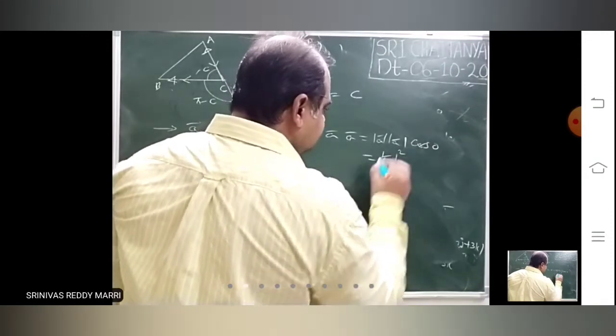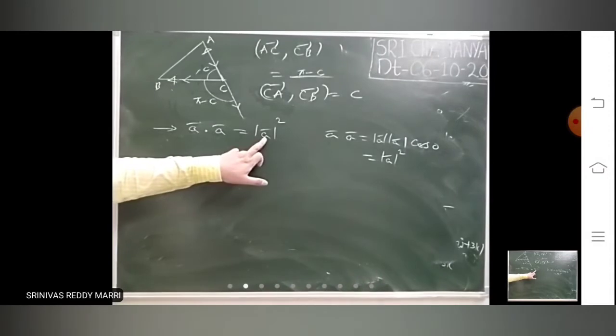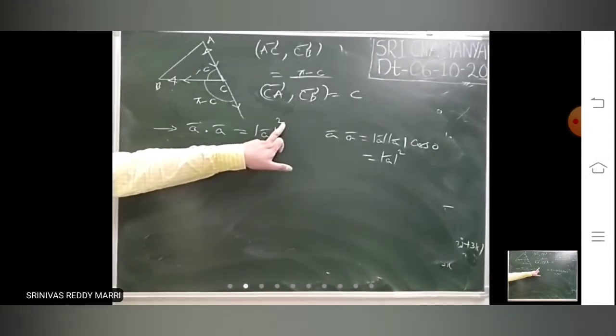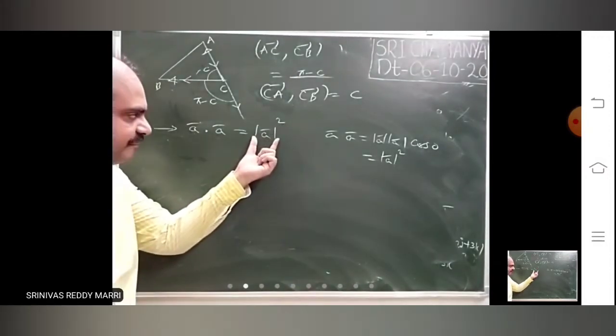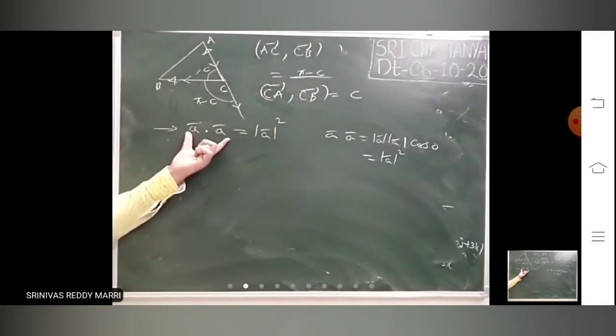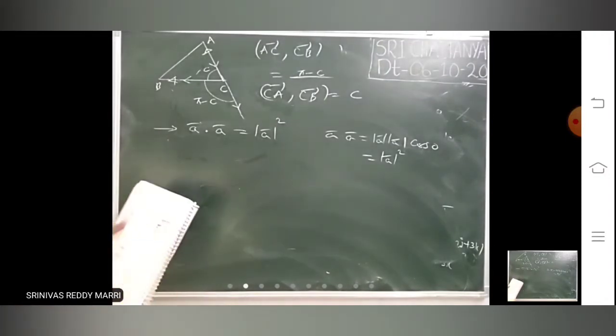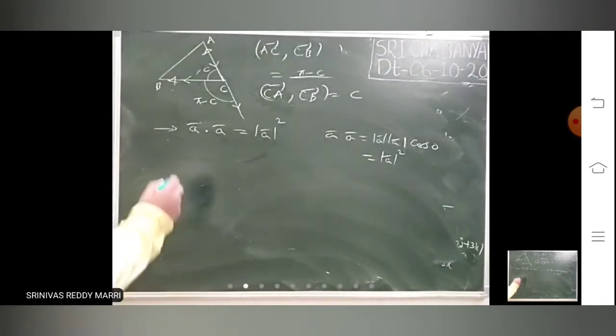This is nothing but modulus A bar square. Same vectors means the magnitude of A whole square. A bar dot A bar you can write like this. A dot A is nothing but modulus A bar square.